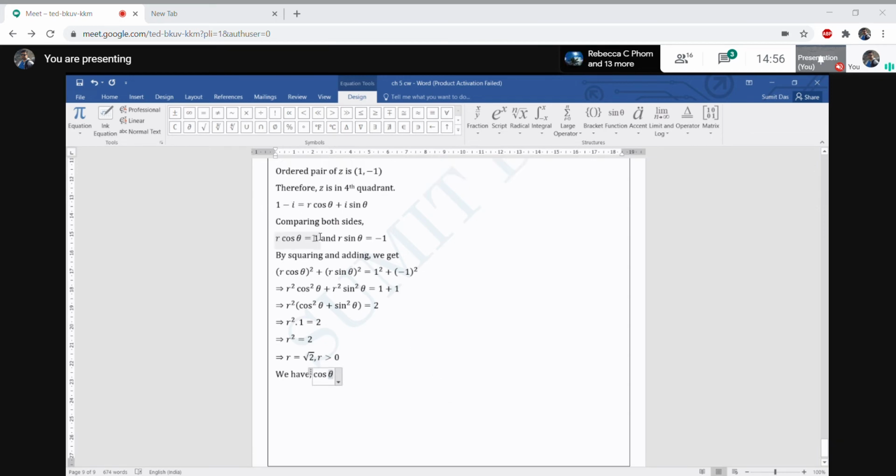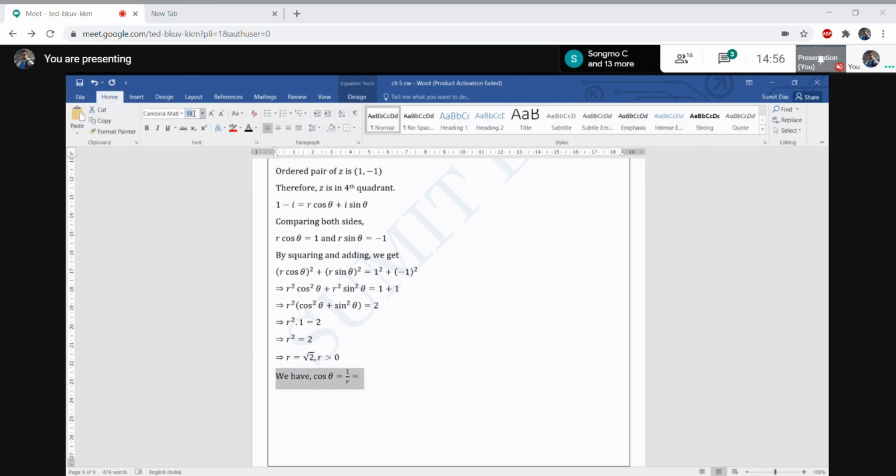R cos theta equal to 1. So cos theta equal to 1 by R. Okay, now put the R value. 1 divided by square root of 2, right? So cos theta we got this.